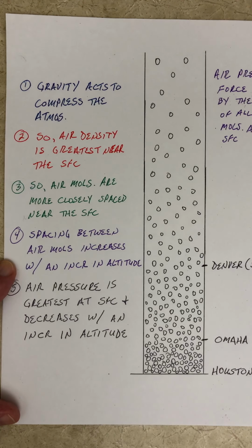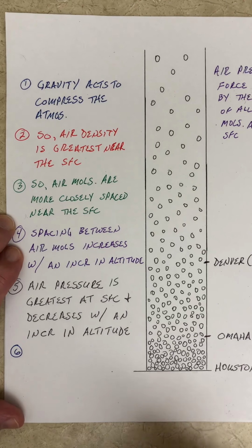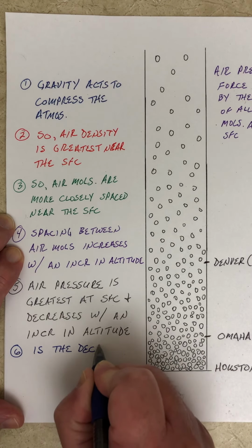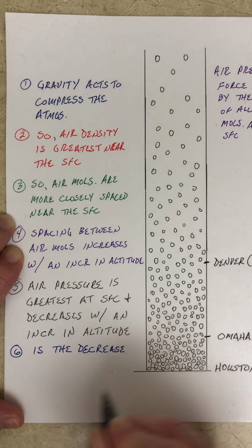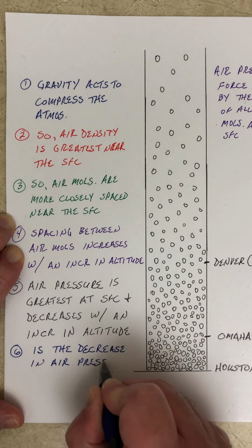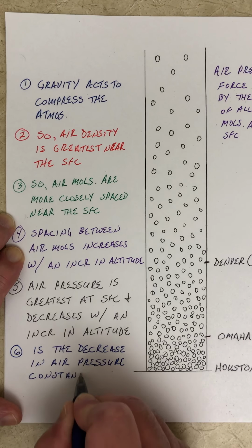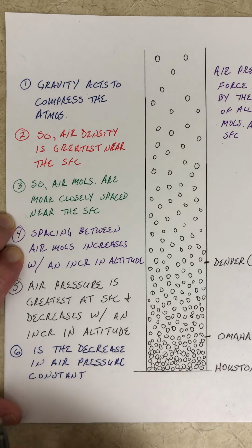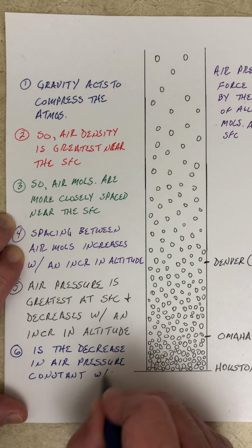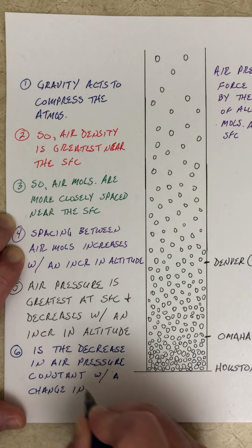Okay, so the question I want to leave you with that we'll answer on the next one, I guess we could make this number 6, is: is the decrease in air pressure constant with a change in altitude?